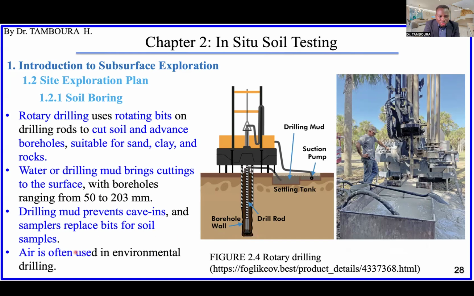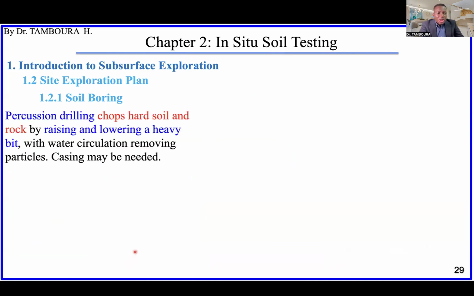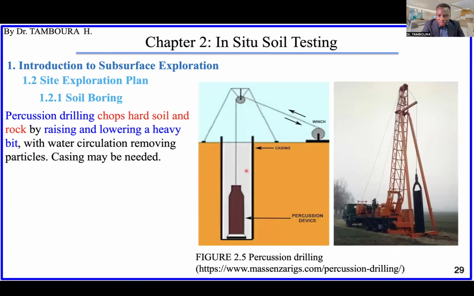Air is also used sometimes in environmental drilling. We also have this kind of drilling method, the percussion method, that is chopping the hard soil and rock by raising a very heavy piece of equipment and dropping it.